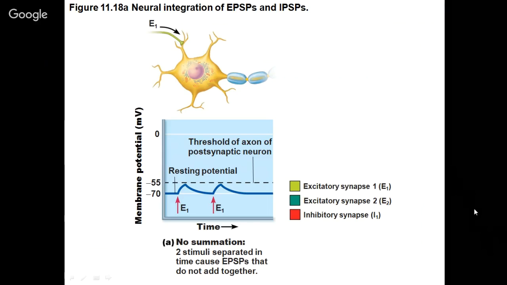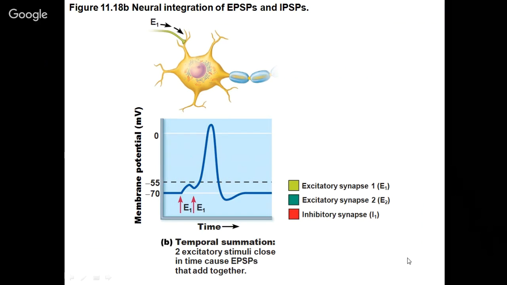So here it will show the neuronal integration, the excitatory potential and the inhibitory potential. Here you would see the threshold of the axon of the postsynaptic neuron, the resting membrane potential. No summation has happened because two stimuli separated in time cause excitatory potentials that do not add together.